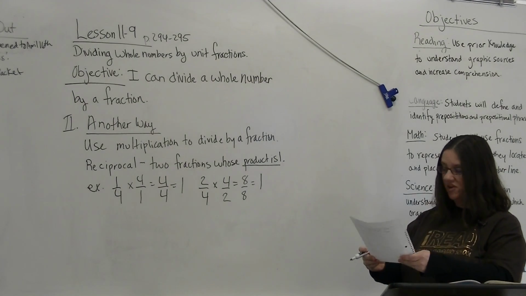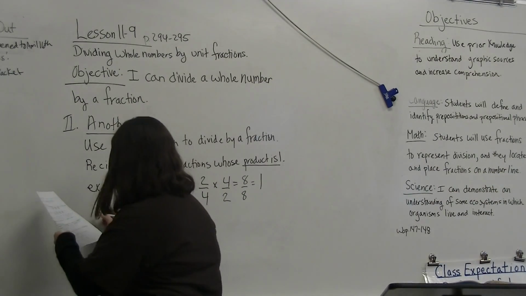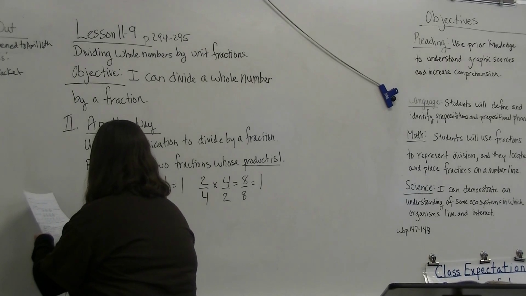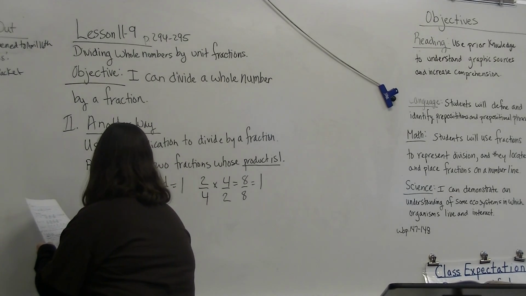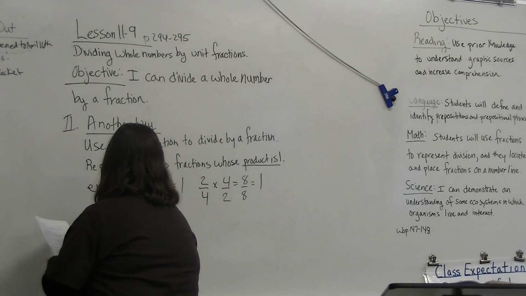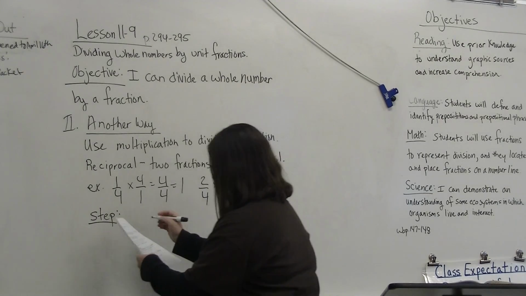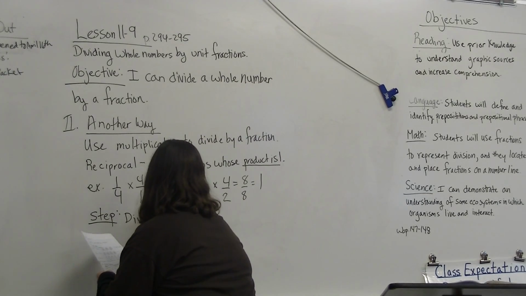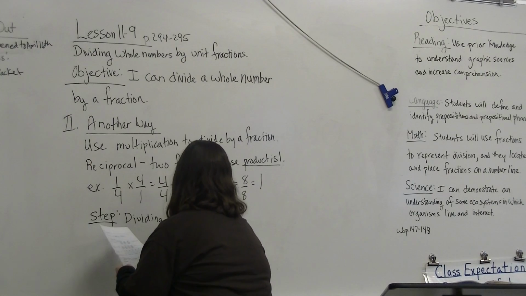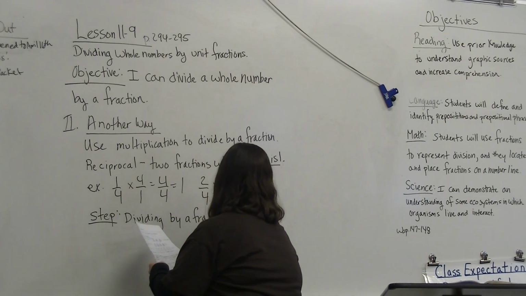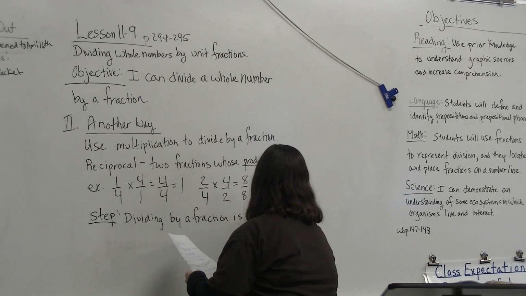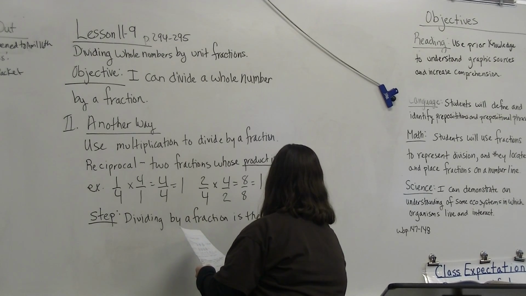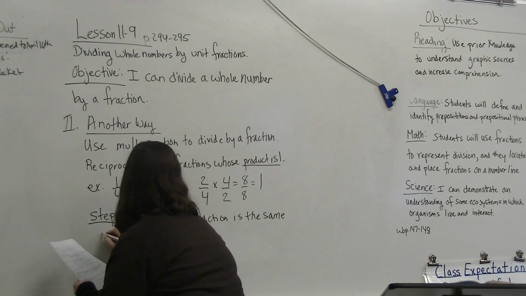Okay, so you want to put down your step here for your another way: dividing by a fraction is the same as multiplying by its reciprocal. So copy down that step, and that's it for this part here.